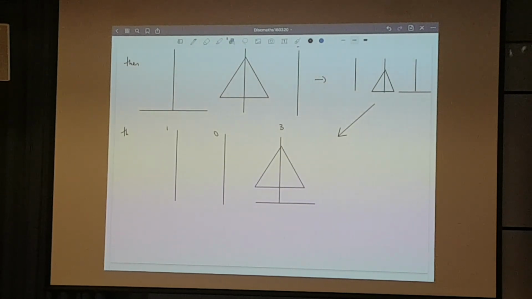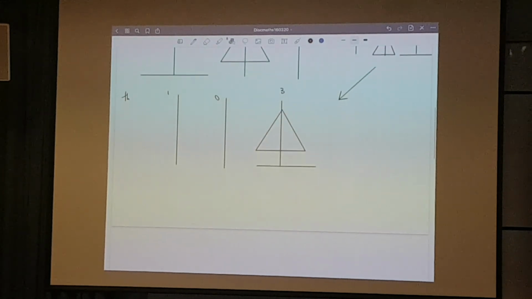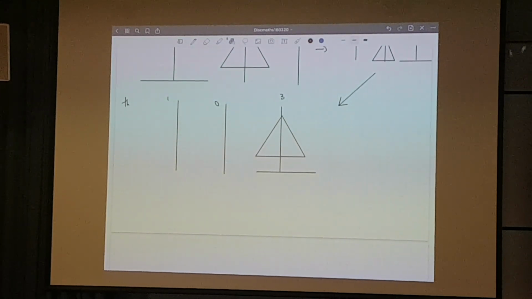So as I've said, this is a recursive algorithm. Let a_n denote the minimum number of moves for n disks.